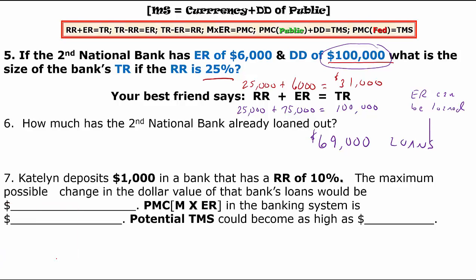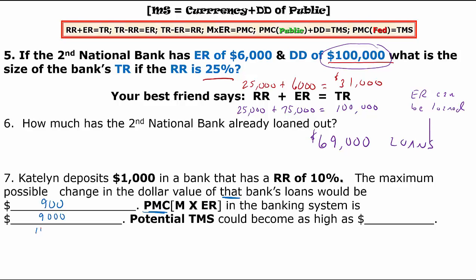Caitlin deposits $1,000 in a bank that has a reserve requirement of 10%. What is the maximum possible change in the dollar value of that bank's loans? When she makes a $1,000 deposit with a 10% reserve requirement, 90% of that deposit can be loaned out, which is $900. Now, the banking system can create more money. The potential money created by the banking system is going to be $9,000.